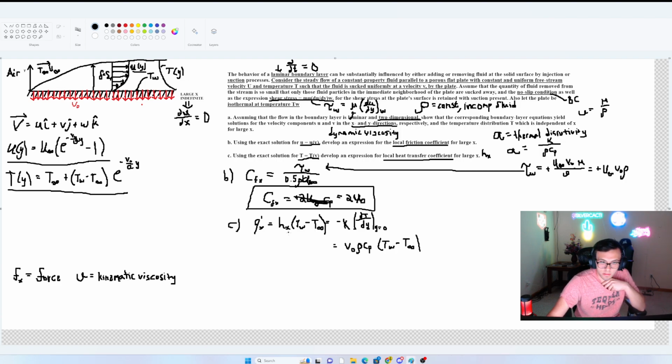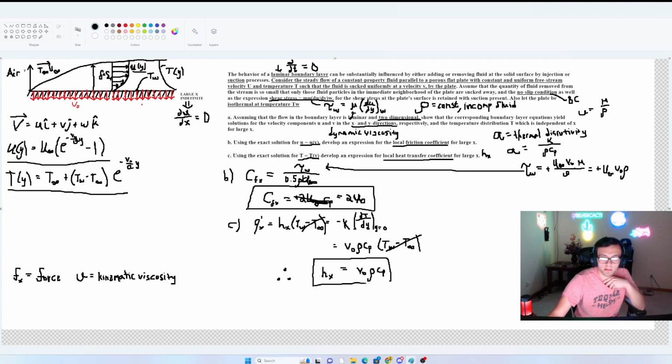And then these cancel out. So therefore, h of x equals V sub O rho CP.